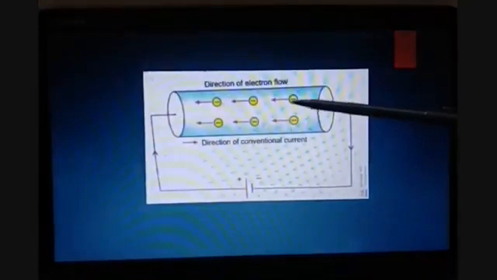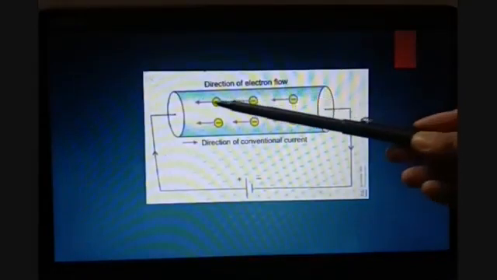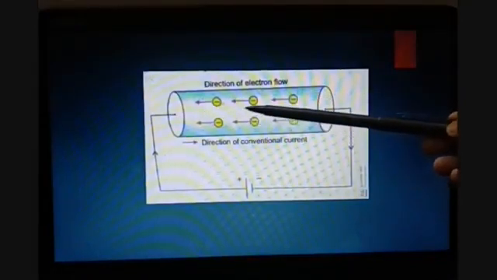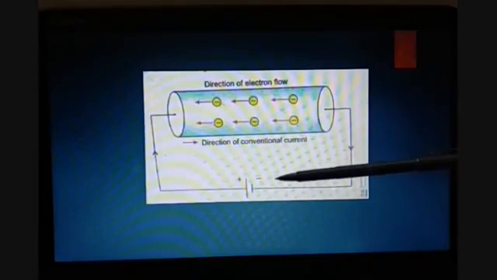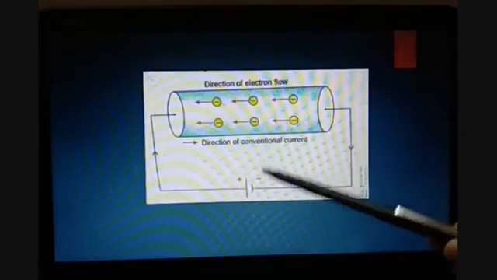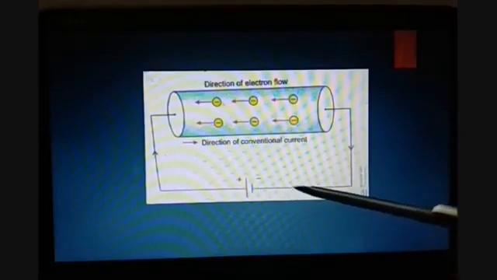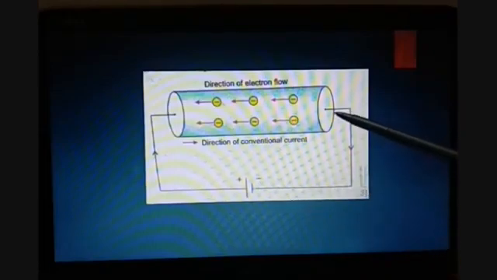Here you can see that electrons are flowing from one point to another, and we know that like charges always repel each other, whereas unlike charges attract each other. So this is the cell, which is creating a negative potential here, so it is providing electrons from this end itself.